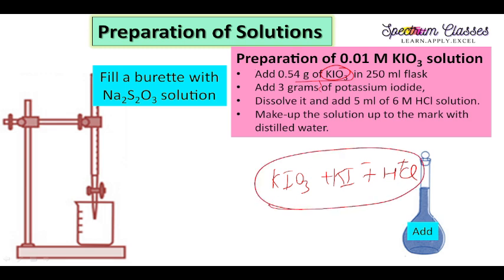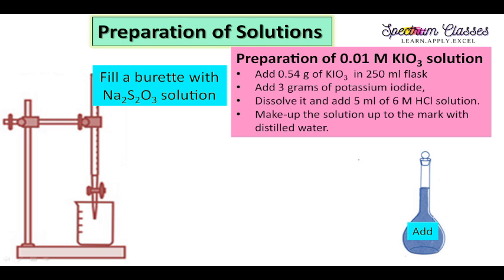Here I have written the amount of KIO3 which you have added in a given flask. Say this is 250 ml, and you have added 3 grams of potassium iodide and 5 ml of 6 molar HCl solution. After adding all these and dissolving the salts, you make up to the mark with deionized water. This is how you are going to prepare your solution of potassium iodate.